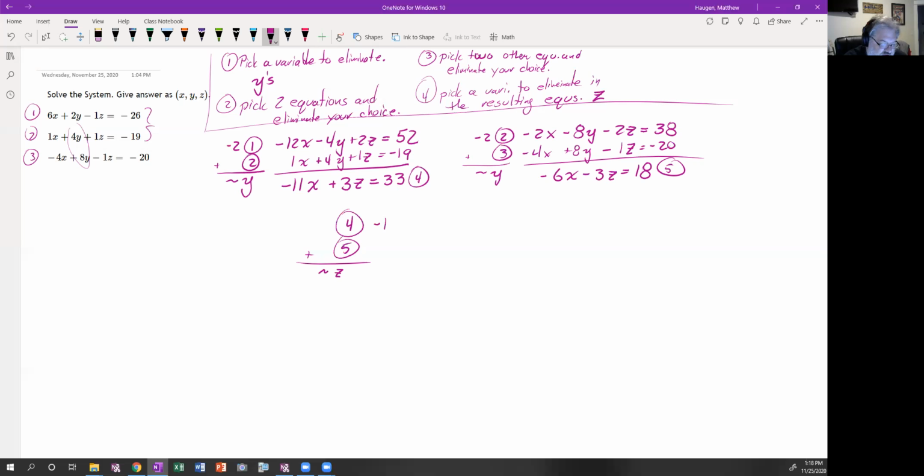But 4 is what, -11x plus 3z equals 33, and -6x minus 3z equals 18. So -17x equals what, 51, which means x equals -3.